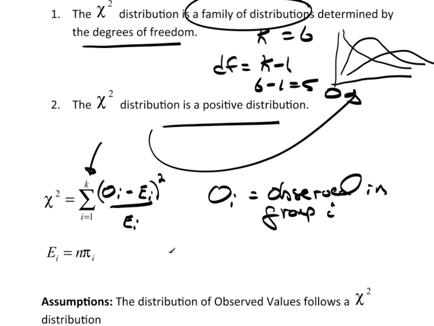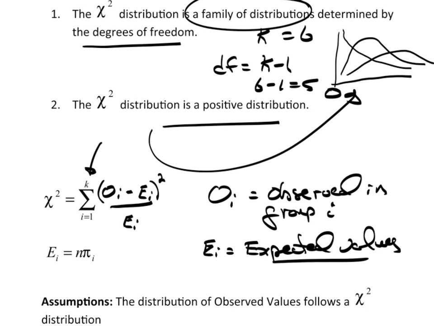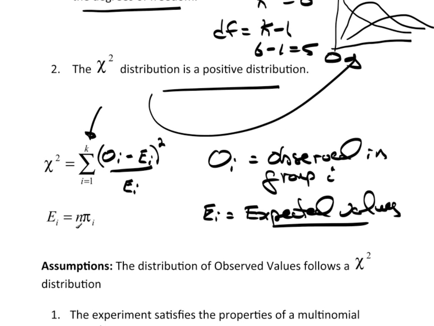Ei is the expected values. And the expected value simply equals n, the total number of observations, multiplied by the probability of being in individually each of the specific categories. And we're going to work this out and show you here in just a few moments what that would turn out to be.